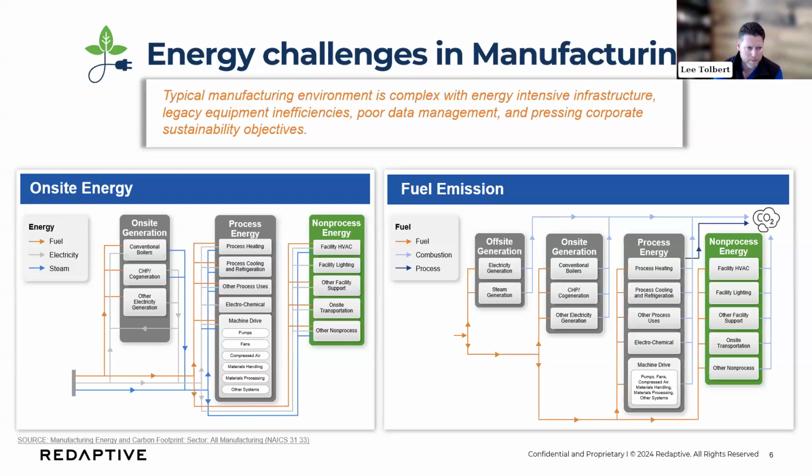For example, you might be looking at a piece of process equipment where you've been asked to increase production, so you're inherently increasing energy usage, while on the flip side you're trying to reduce your overall footprint. It's hard to do those two things at once, which is why we're talking today.